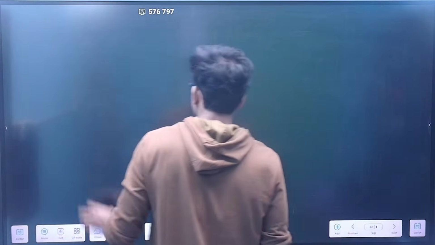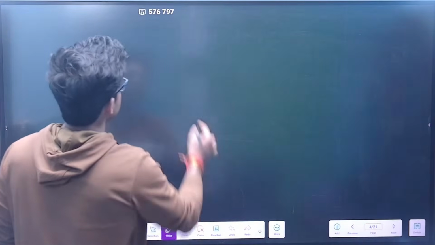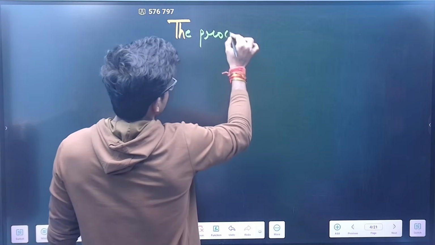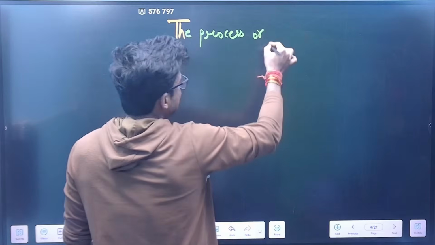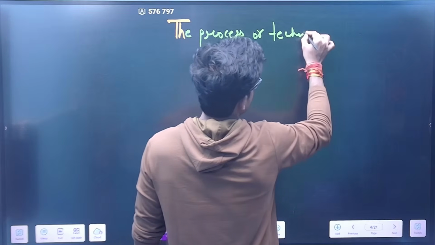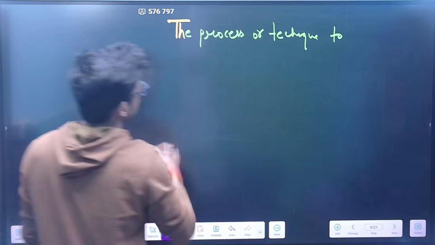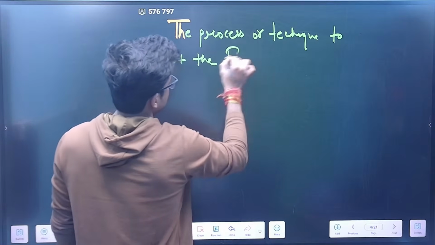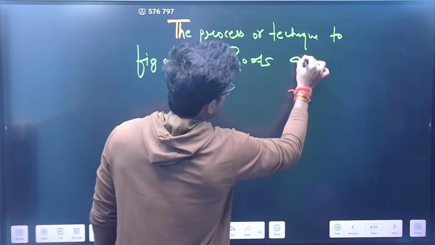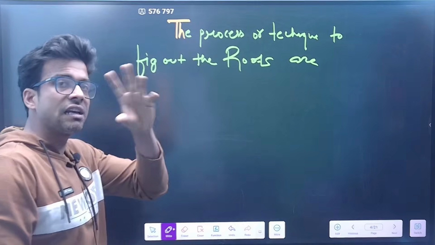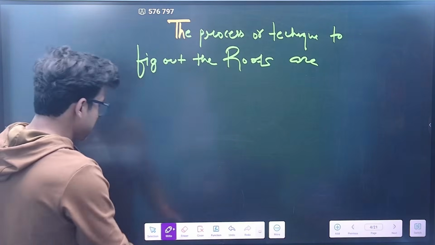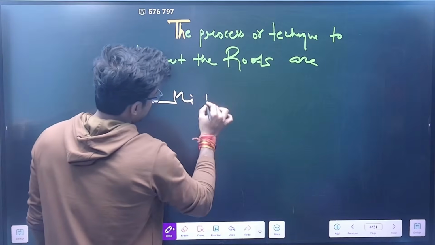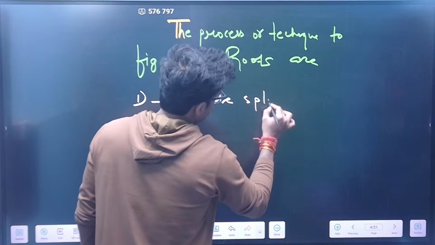Now, guys, there are many ways to figure out the roots. The first way, the technique to figure out the roots, is what we did in our basic classes in our school days: the middle split, which we always do.